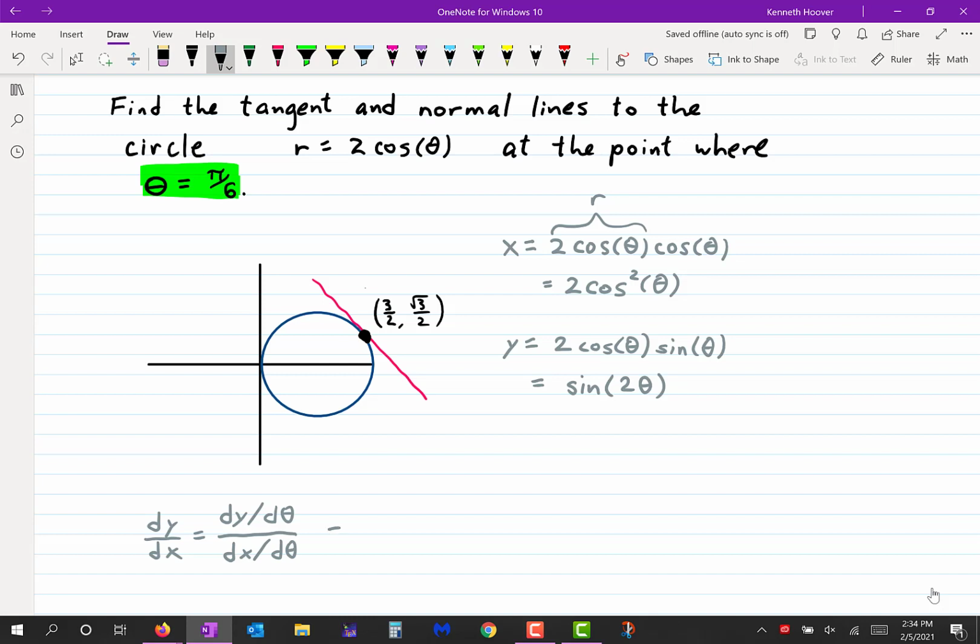Now, what's dy/d theta? Well, that's very easy. What's the derivative of that with respect to theta? It's going to be 2 cosine of 2 theta.